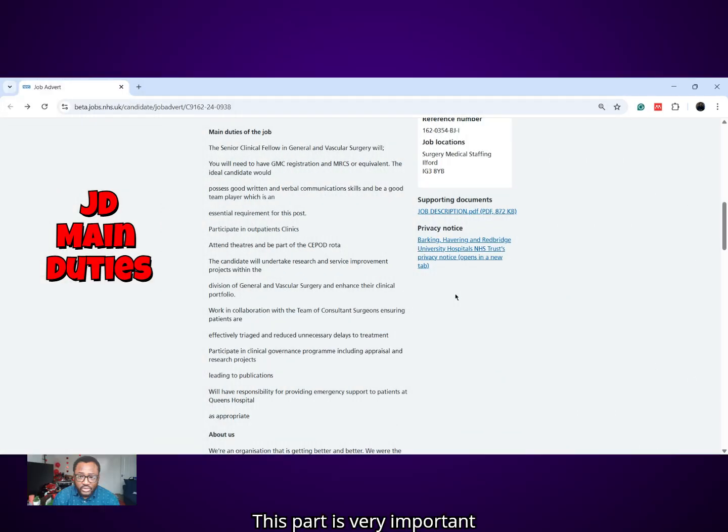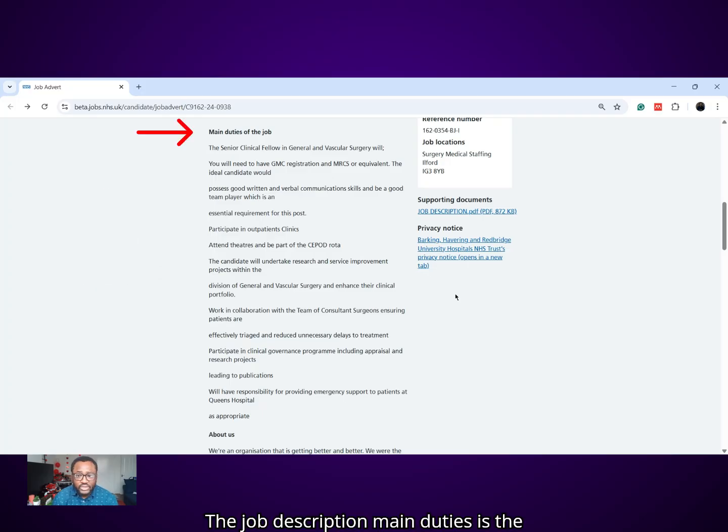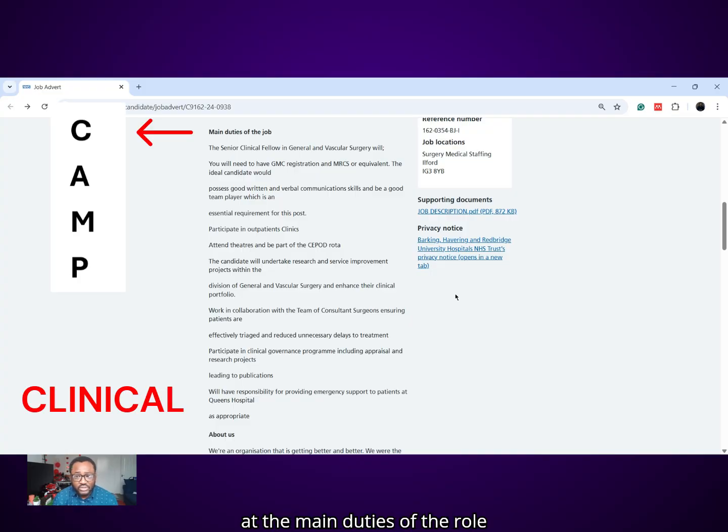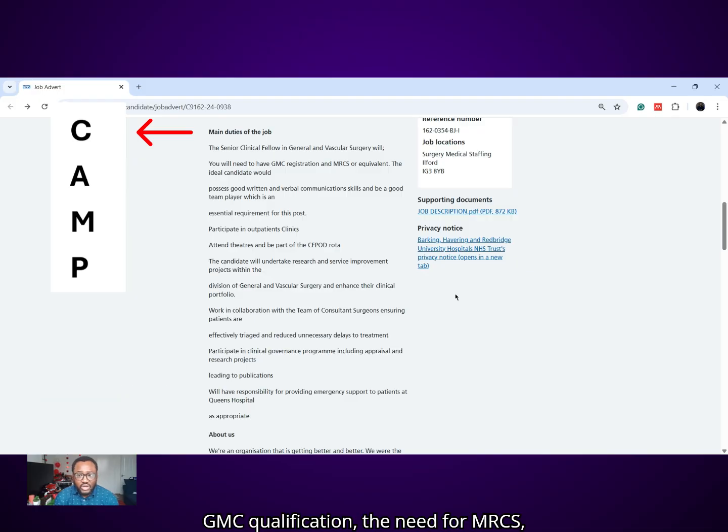This part is a very important aspect of the CAMP. The job description main duties is the part that mirrors the C part. So here you need to spend time to really understand what the main duties of the roles are. And if you look at the main duties of the role here, you see it talks about the need to do outpatient, the need for GMC qualification, the need for MRCS.